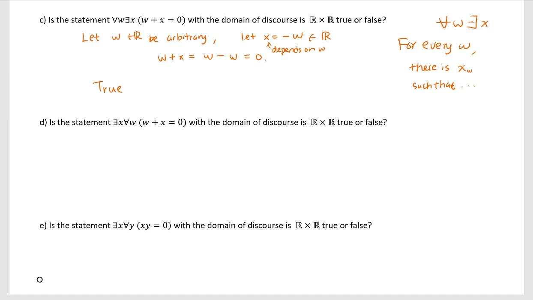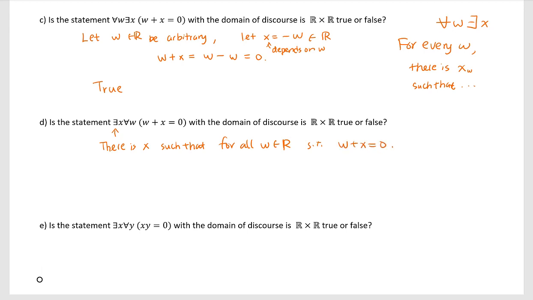Next, there exists for all. If we switch, what does that mean? This means there is an x such that for all w, which is a real number, w plus x is 0.